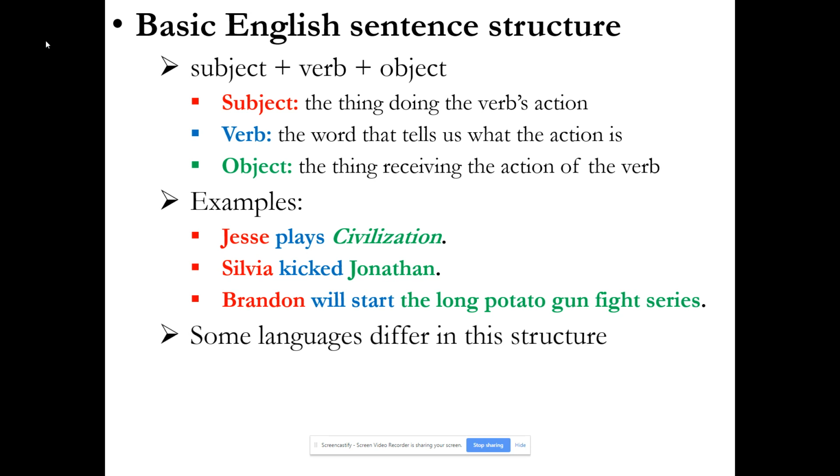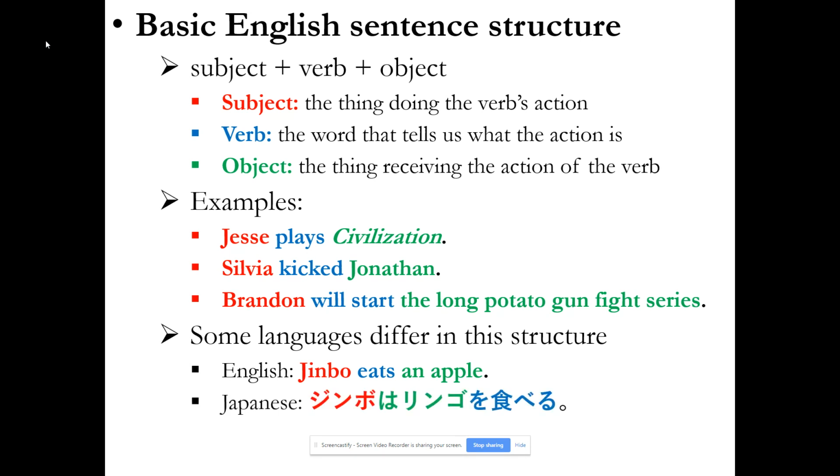So some languages happen to differ in this structure, right? Not every language operates on a subject verb object system. So in English, we would say, Jinbo eats an apple. But in Japanese, it would be expressed a bit like this. If you speak Japanese, I imagine you can read that. But if you don't, here's a gloss: Jinbo, apple, eat.